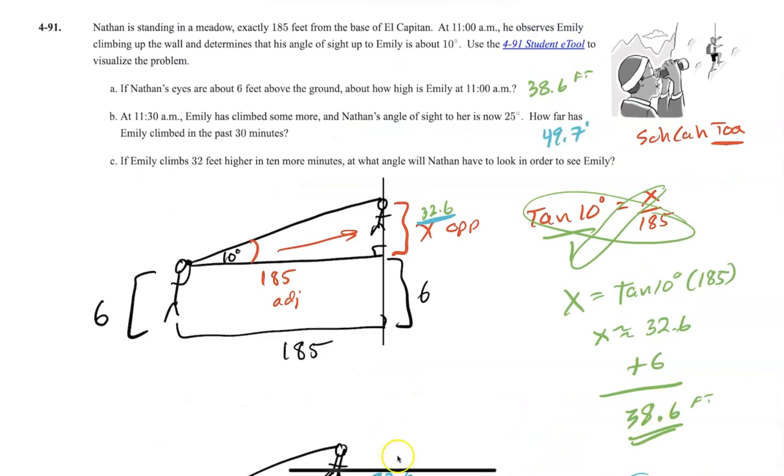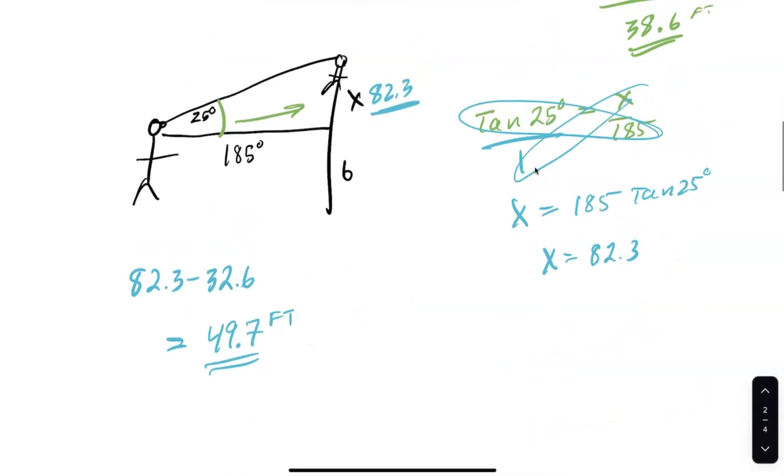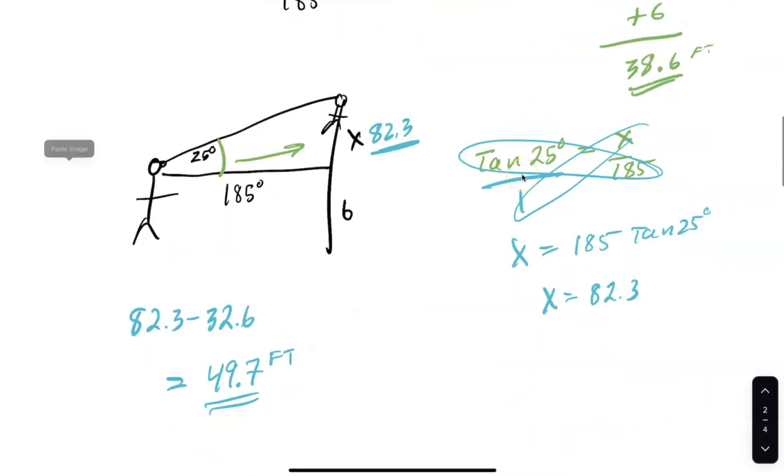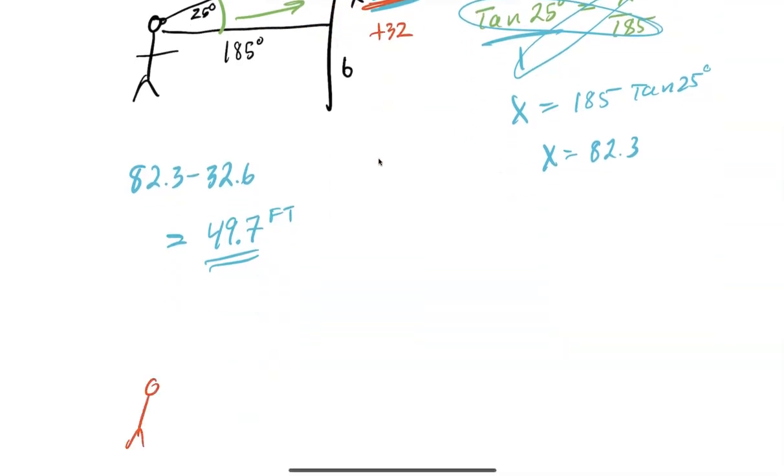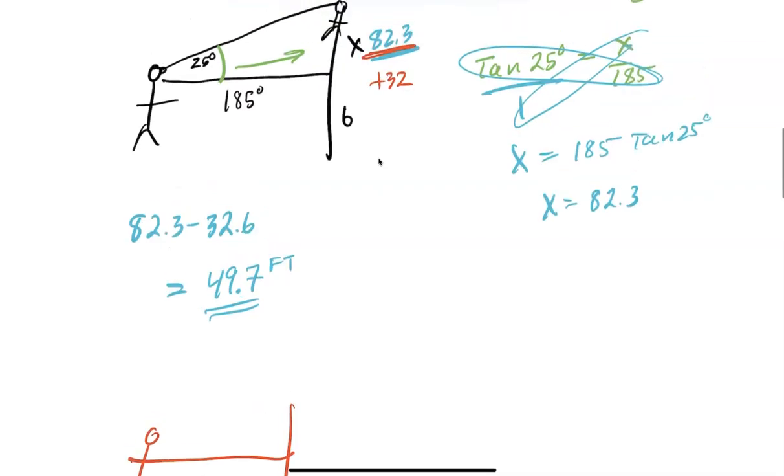Okay, last question real quick. If Emily climbs 32 feet higher in 10 more minutes, what angle will Nathan have to look in order to see her? So she's going 32 feet higher. Now again, right now, we have her at 82.3, not including our height there. This part right here, 82.3, from his eyesight. So we're going to add 32 to that, and we're going to get 114.3.